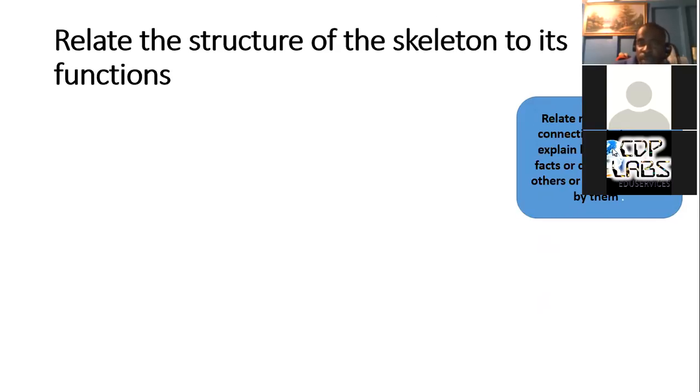What would be the first thing that you would do? Explain the structure of the skeleton. How would you do it? By show connection between each. Yeah, but how? The question is, how would you do it? Write it. All right. Tell me what you would write then.